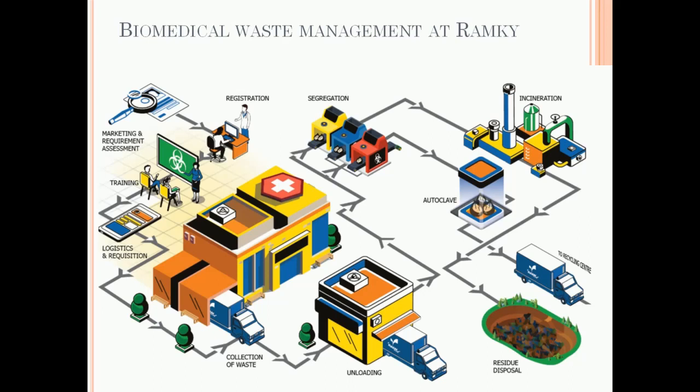If something can be recycled, like plastics and other things, that is sent to the recycling units. Finally, waste which cannot be used for any purpose is sent to the landfill. That is the secured engineered structure for managing biomedical waste, the sanitary landfill, where they shred it properly so that permeation is completely prevented. So this is how biomedical waste management is generally done at Ramky.